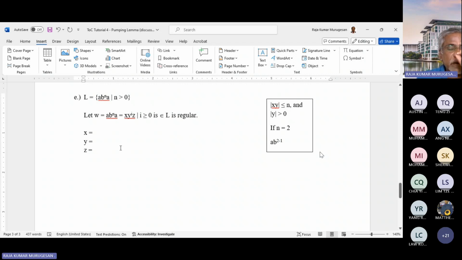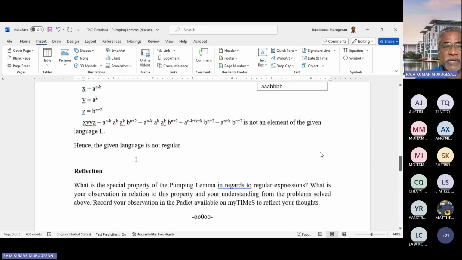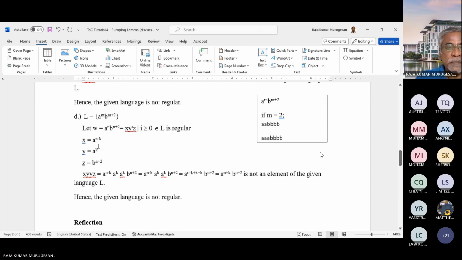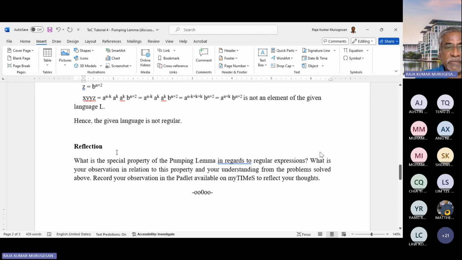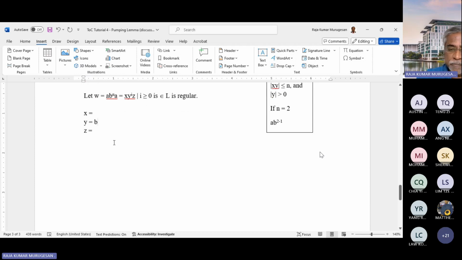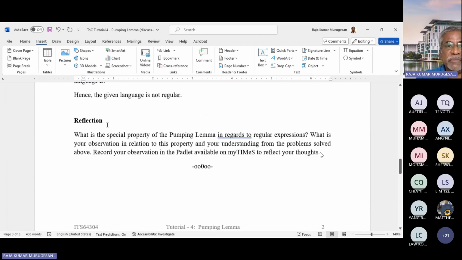Okay, so here you have to be a bit careful while you do the splitting. I cannot take y as simply b length n minus k, because normally we try to follow what we do here, right? We put b power k, we put a power k here, right?